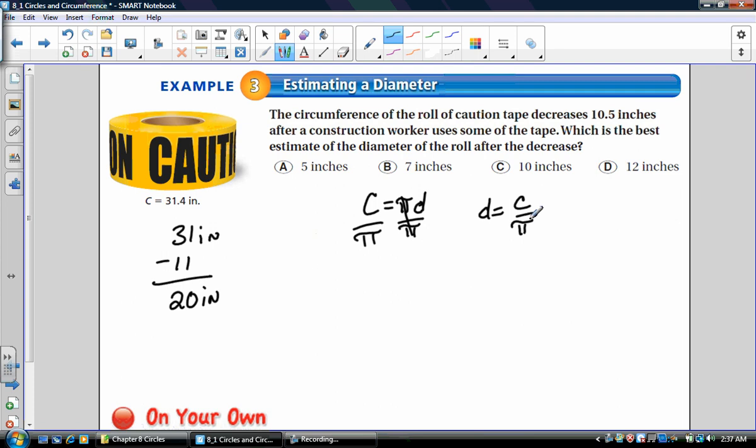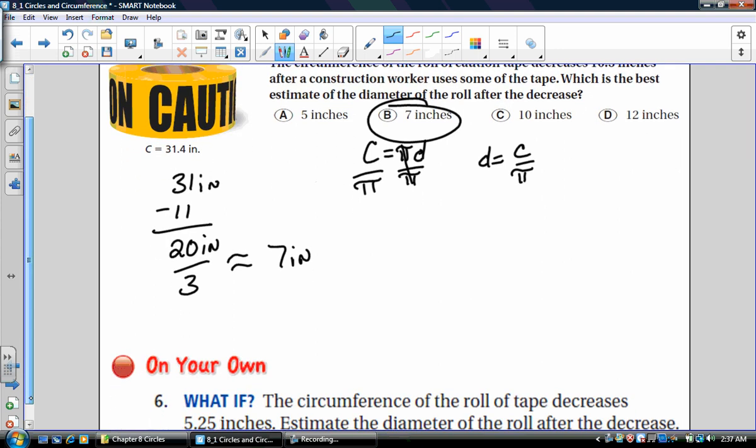And that essentially means the circumference is always about 3 times the diameter. So if we take this number and divide it by 3, we get approximately 7 inches. So that would be answer B.